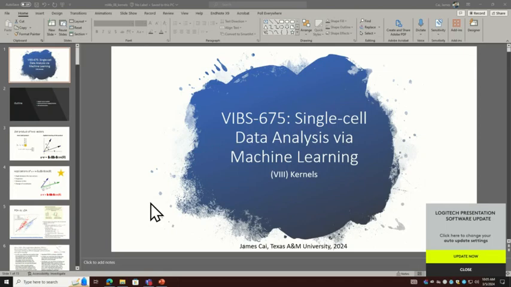So kernel is a data transformation technique. It allows you to transform your data. Although there is a nonlinear relationship between data points, after you apply your kernel transformation, it makes them linearly separable. So that's the idea of today's lecture.